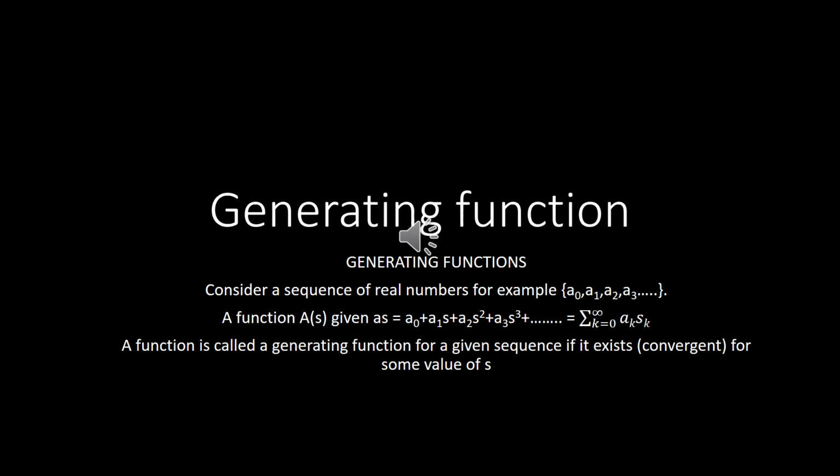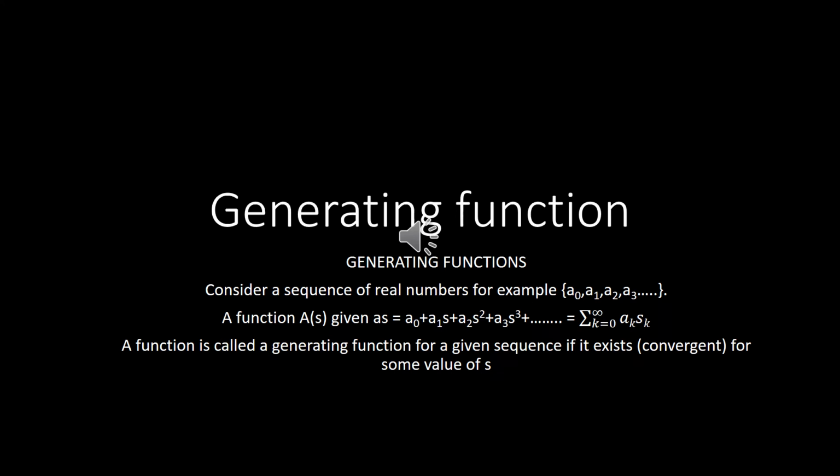A of s is given as a0 plus a1 s plus a2 s squared plus a3 s cubed plus all the way, equal to the summation of a_k s power k, where k lies between 0 and infinity. Therefore, what you should understand here is that a function is called a generating function for a given sequence if it exists for some value of s.